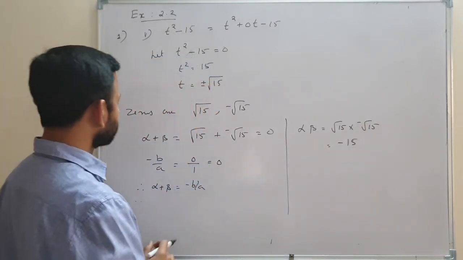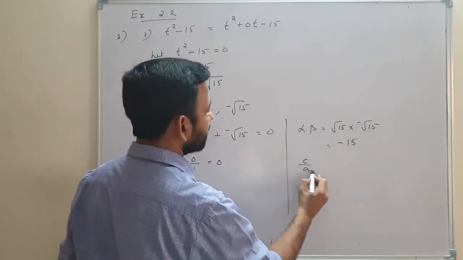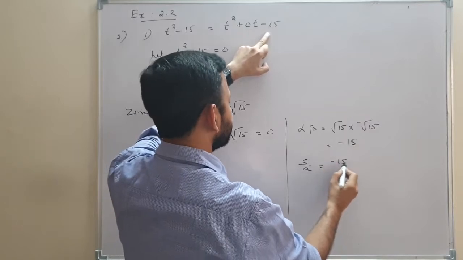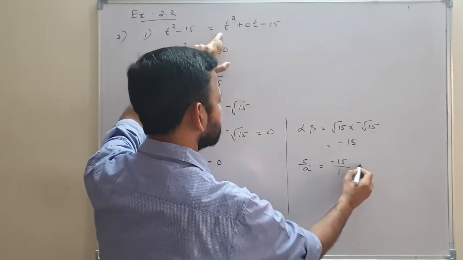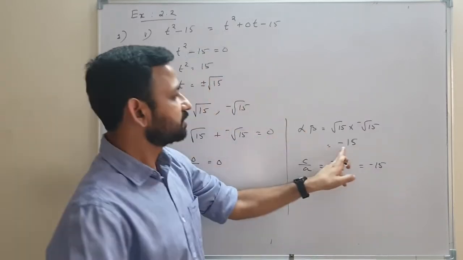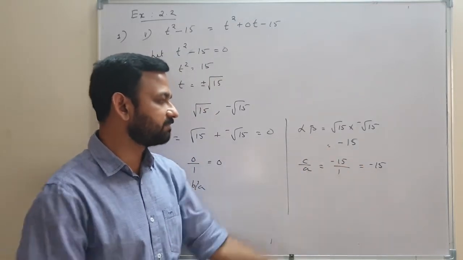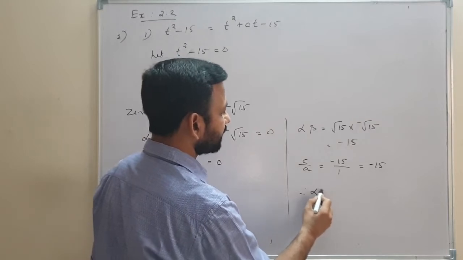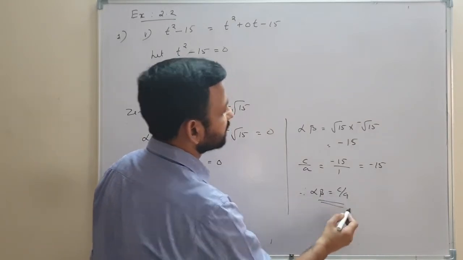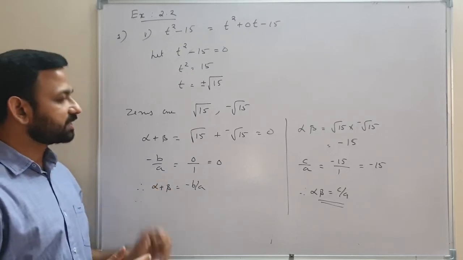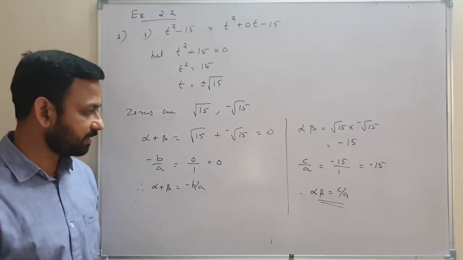And c by a, here constant minus 15 upon a, 1, that is also minus 15. So now we got the same number, alpha beta is minus 15, c by a is minus 15. Therefore alpha beta is equal to c by a. So now we got the relationship between zeros and the coefficients of the polynomial.